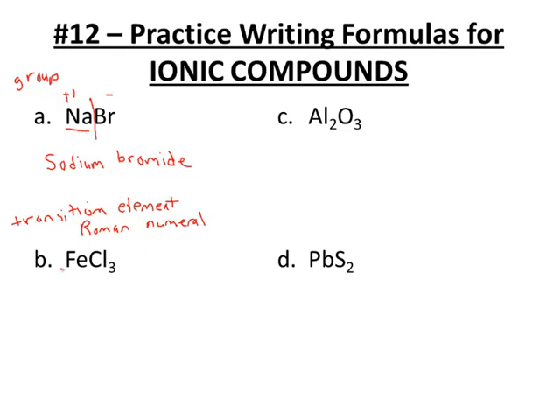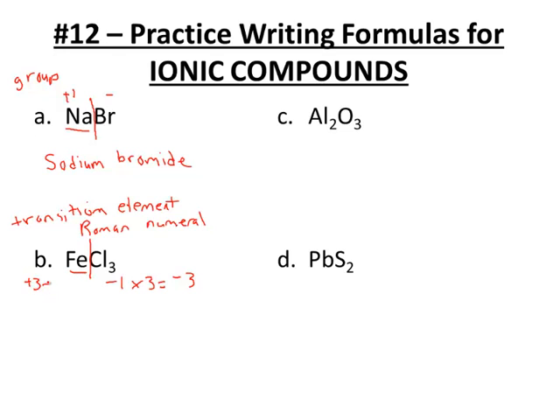So an example here, iron chloride. Iron on the periodic table is a transition element. Chlorine is our anion, so we have a plus and a minus part. So chloride is a minus 1. Chloride, there's 3 of them. We need to have a minus 3 charge over here, so our plus side needs to be a plus 3 to balance.